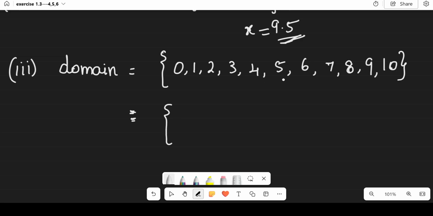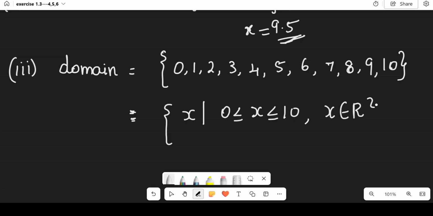So the set builder method is nothing but representing the relation using a certain format. The format is: x such that 0 less than or equal to x less than or equal to 10, where x belongs to R. We can say this in the form of the set builder method also.